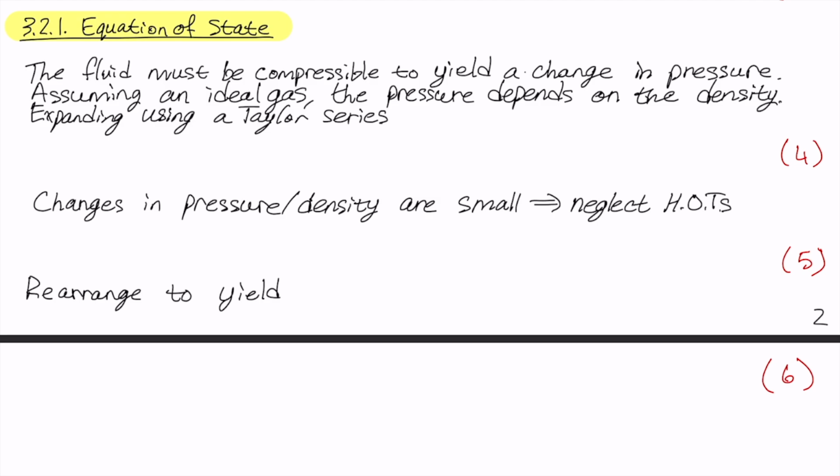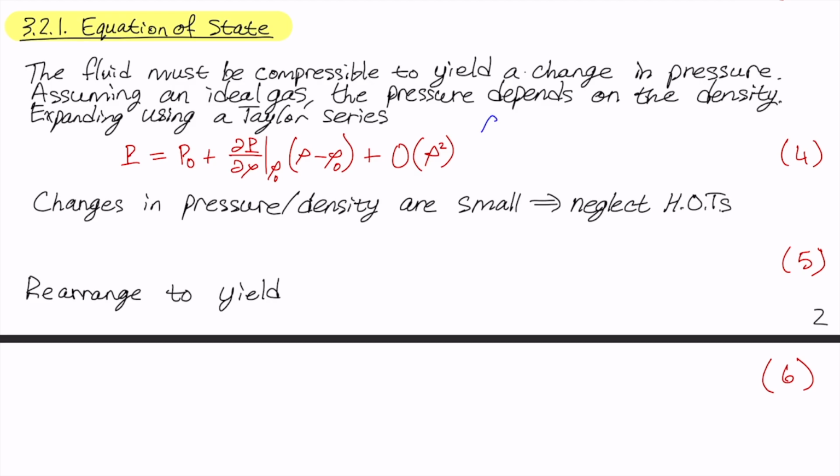From there, we can expand the total pressure using a Taylor series with respect to that density. So we start with our total pressure, big P here, and that's a capital P that I've written, not a vector, is equal to P0, that atmospheric pressure, plus partial big P over partial rho, evaluated at rho 0, where rho 0 is the density at atmospheric pressure, times the quantity rho minus rho 0, plus higher order terms that depend on rho squared.